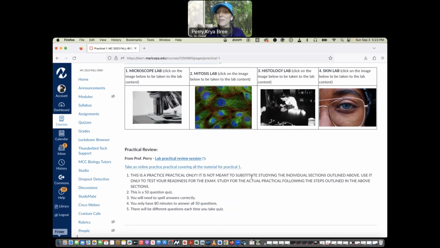There may be things on the practical that are not tested in there. It's just to give you an idea of what types of things you can see, right? But you might have a question on, you know, cardiac muscle tissue in this practice practical, and then it might be on skeletal muscle tissue in the actual practical. So please, again, don't think that you can study only that practice practical.